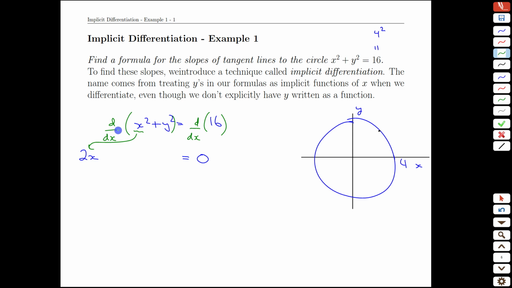And this is why, especially for implicit differentiation, it's really helpful to use the Leibniz notation, this fraction d dx, which is the verb take the derivative of something with respect to the variable x specifically, because it's going to help us separate how we do this derivative here. And I'm just going to do a little side note.